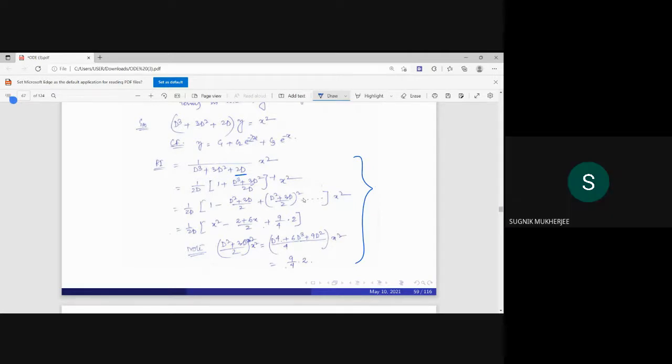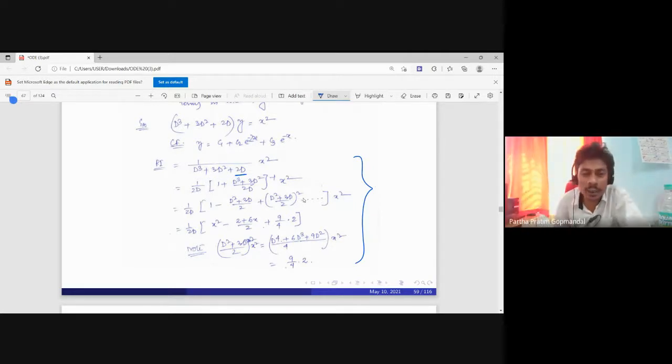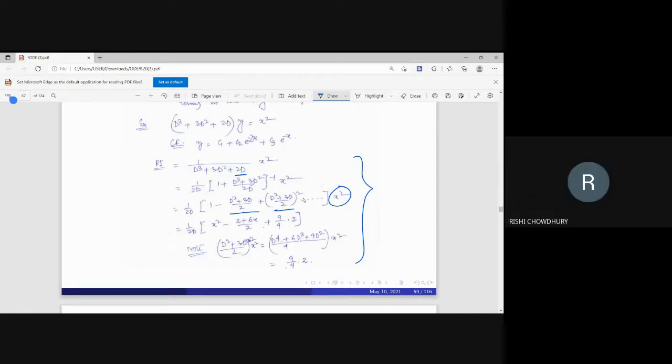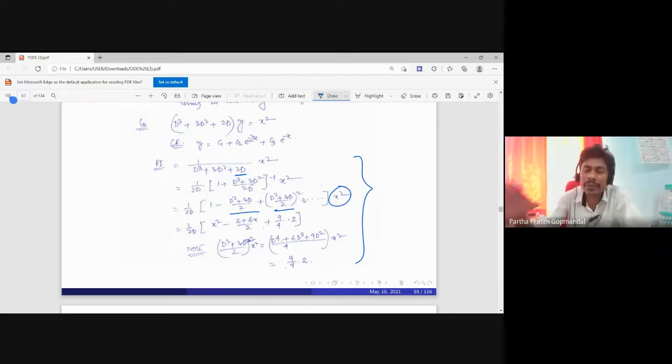When there are 3 terms, you are free to say, sir, why not D cube, why not D square? So better you consider the least power of D. Then see here, the beauty here, if you consider the least power, after 2 terms, all the terms turn out to be 0 because x square is given. But if you take common 1 by D cube, then you have to integrate 3 times, and it will be really very complicated.